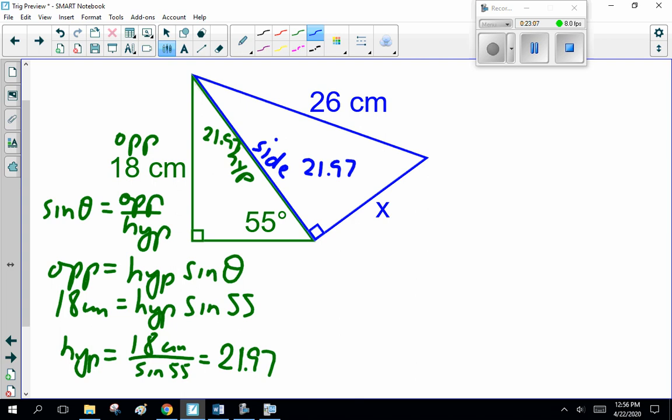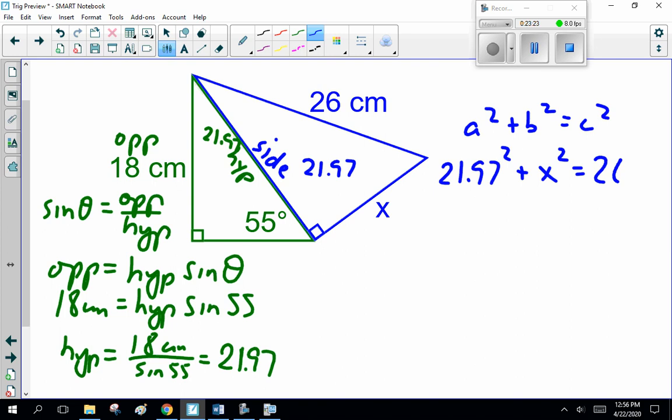Now, how would I solve this? Let's use Pythagorean's theorem: a squared plus b squared equals c squared. I should have asked for the angle, shouldn't I? Oh well, too late. So 21.97 squared plus x squared equals 26 squared. 482.85, blah, blah.